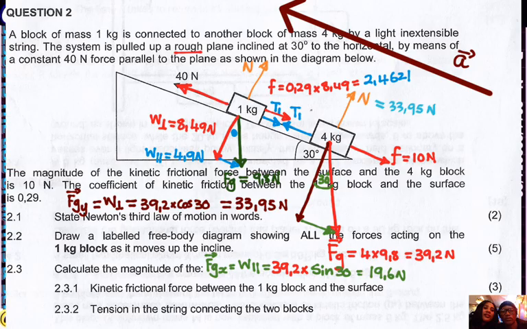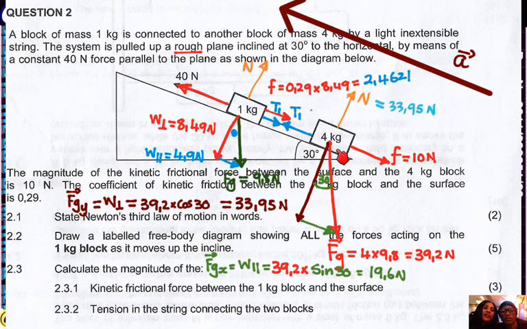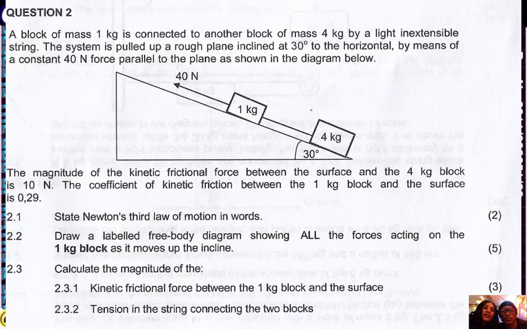Let's see what the question says now. All right. The question says, draw a labelled free body diagram showing all the forces acting on a 1 kilogram block. You see, the examiner always asks you for 1 kilogram, and I told you the idea is to do it for all the blocks. Always do it for all the blocks, because what's coming, you can't do without having done all the blocks.